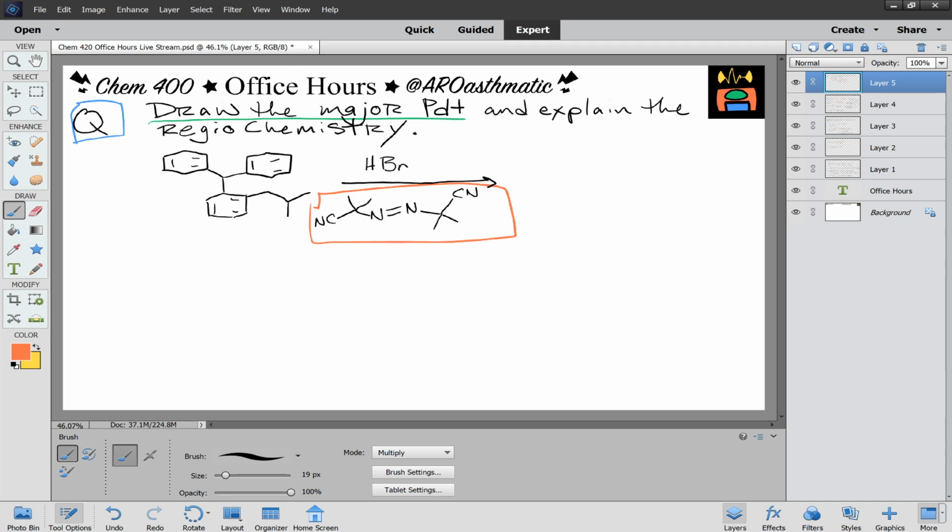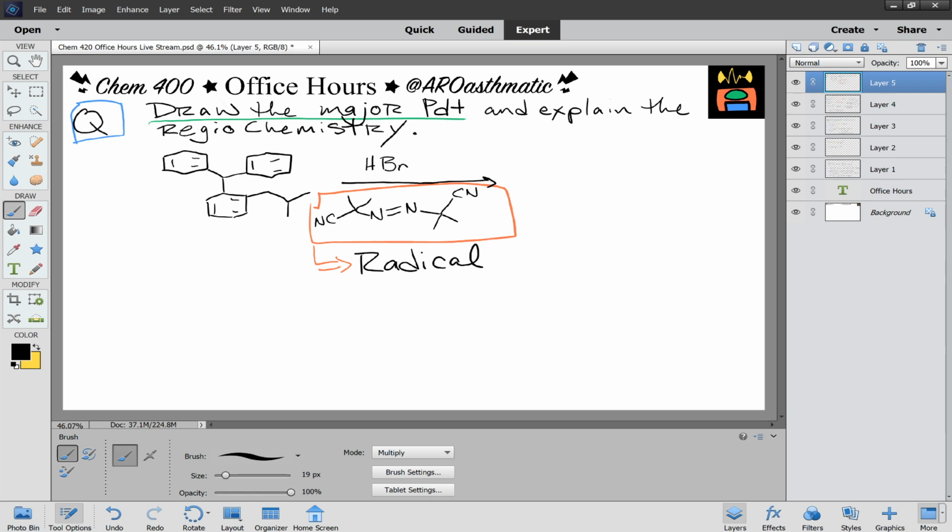Whenever you see this dude in play, this is going to do one thing and one thing only, and that is make a radical. So this is a radical reaction whenever you see this reagent.